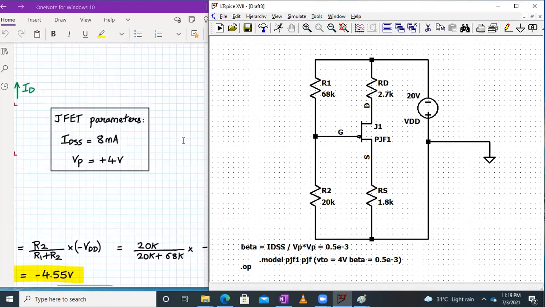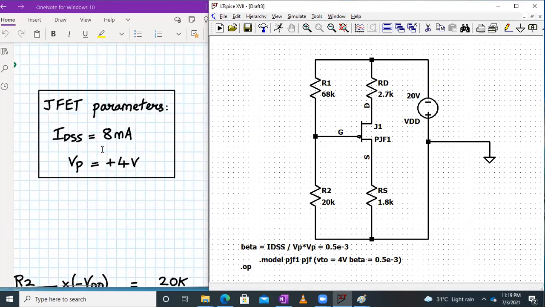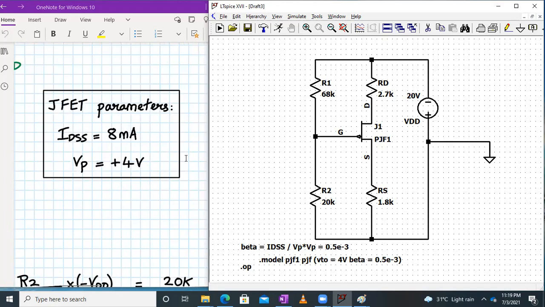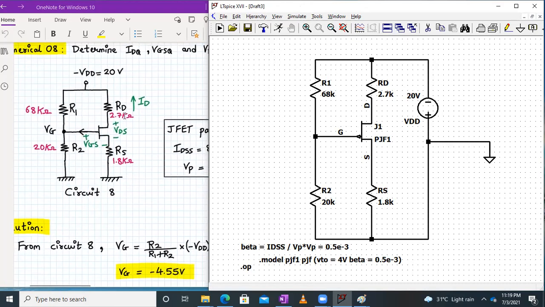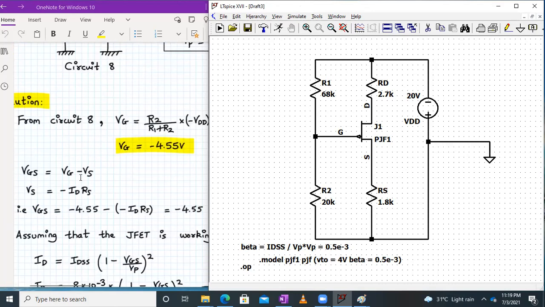VTO is 4 volt, IDSS is 8 milliamperes. So 8 milliamperes divided by 4 square, it's coming out to be 0.5 milli. Yeah, that is correct. And VTO is 4 volt. And this JFET is a P channel JFET. Yeah, it is correct. More or less everything is given correctly. Let me cross check.